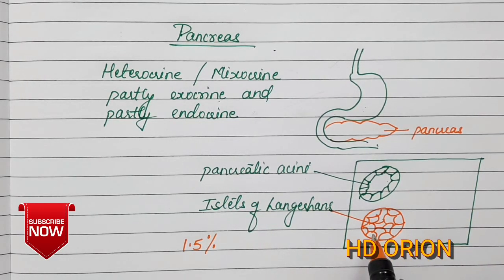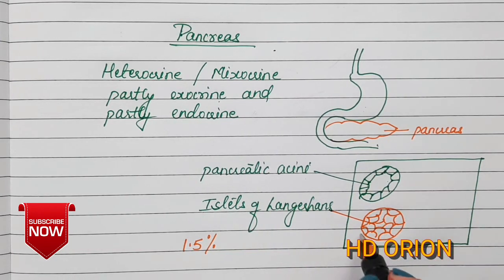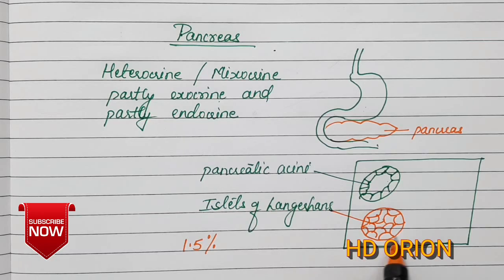So islets means the islands. So in between these pancreatic acini, there are groups or islands which are present. So this is called islets, and Langerhans is the name of the scientist. So these are the endocrine part of the pancreas.